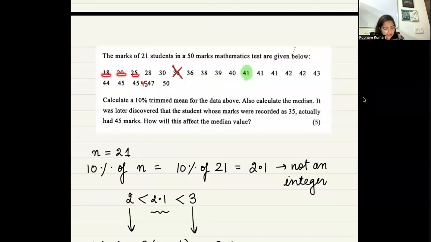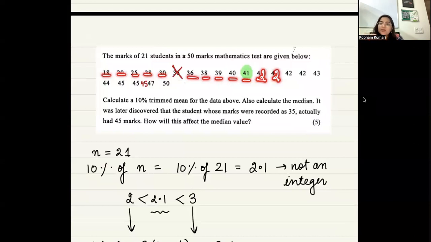1, 2, 3, 4, 5. This 35 is not there, okay? 6, 7, 8, 9, 10, and 11. So my position has changed, but actually the number was 41 only, right? Yes, ma'am. If here we would have 42, then our median value would have changed, right? Because now it's the next number that is coming.